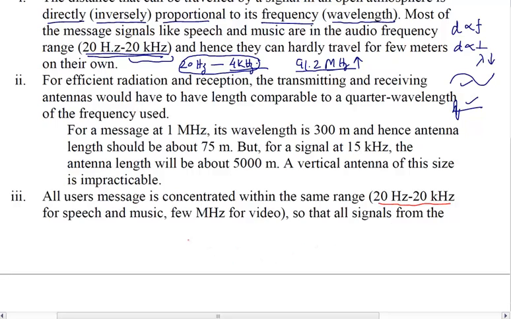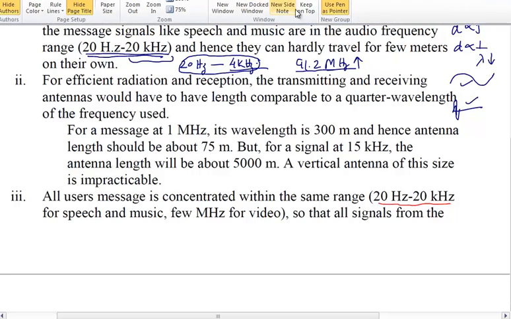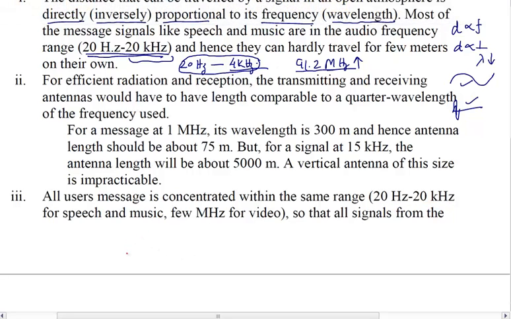Now if I am going to take, let me draw this properly. If I am going to take the frequency band, suppose this is the zero frequency, and this is 1 kilohertz or 2 kilohertz, and this is 4 kilohertz, then my voice will remain somewhere here.